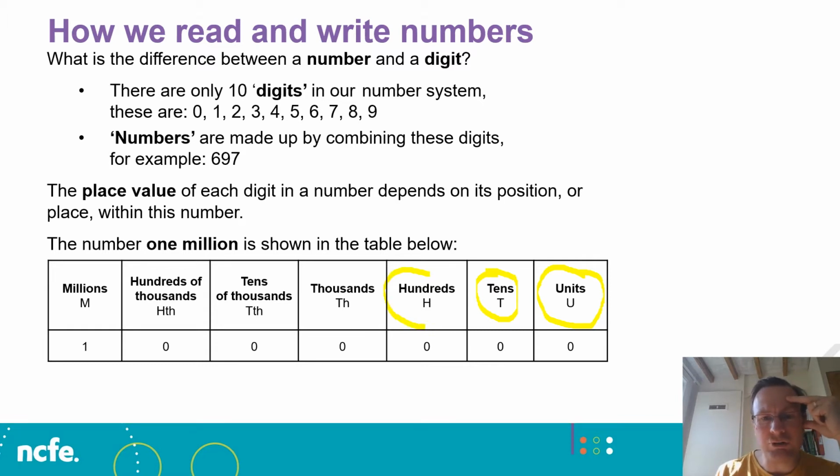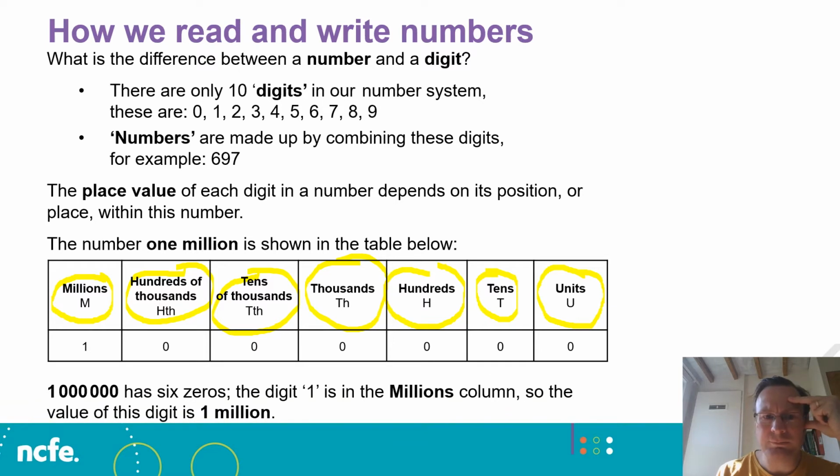We go to hundreds, thousands, tens of thousands, hundreds of thousands, and then finally millions. The million has 6 zeros: 1, 2, 3, 4, 5, 6 zeros. We have this number 1 right at the very end, so the place value of that digit is 1 million.